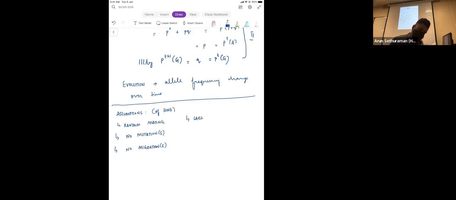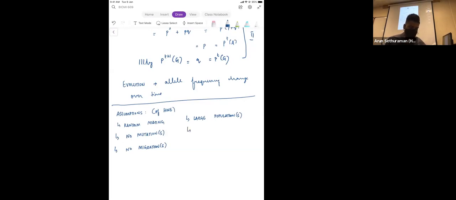So we're going to assume that these populations are infinitely large. Since these populations are so large, even minuscule changes in allele frequencies are not really showing up over time. So these are large populations.